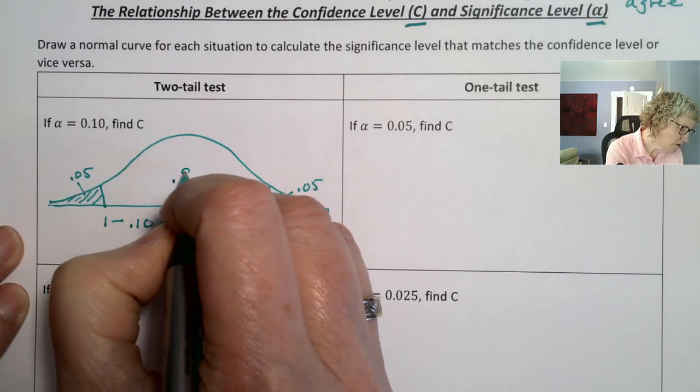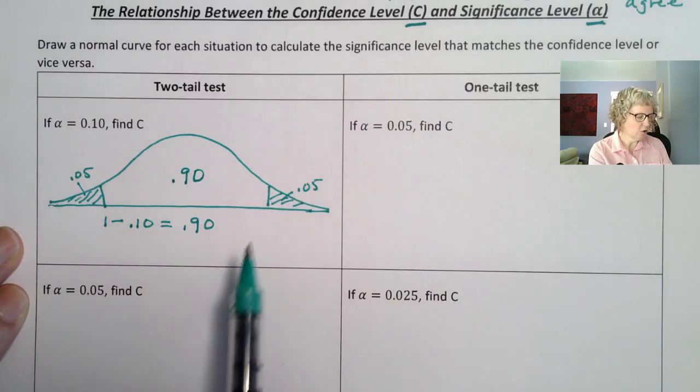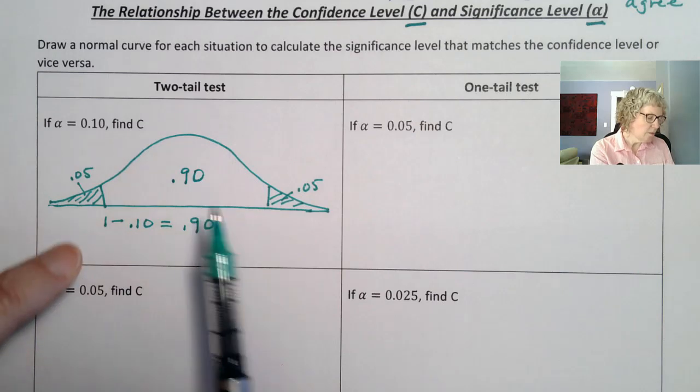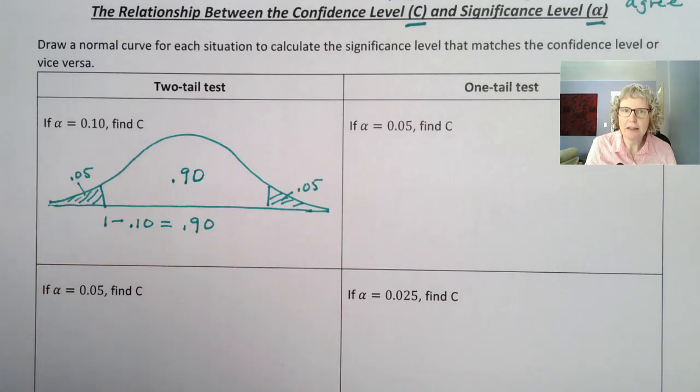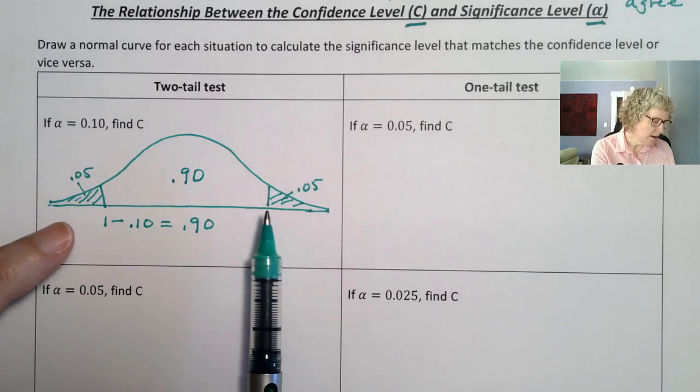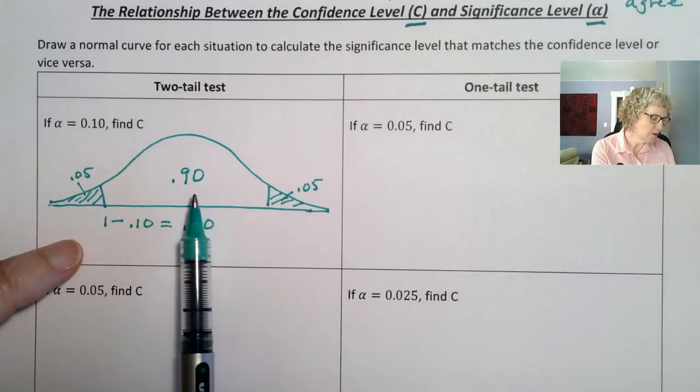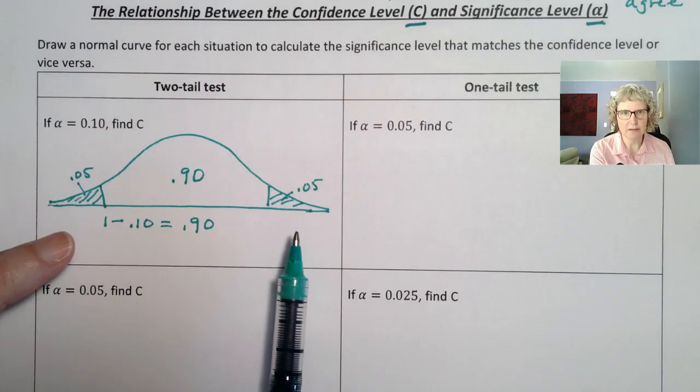So a 90% confidence interval matches up with a 10%. And I think a lot of you have kind of noticed this already, either in Stats 1 or in Stats 2, that if it's a two-tail test, then a 90% confidence interval is kind of like doing a test with 10% significance.